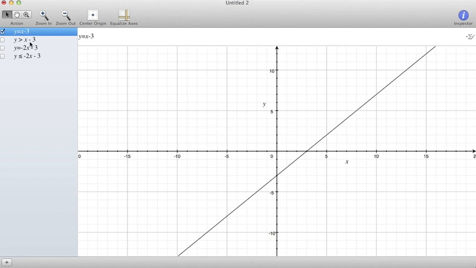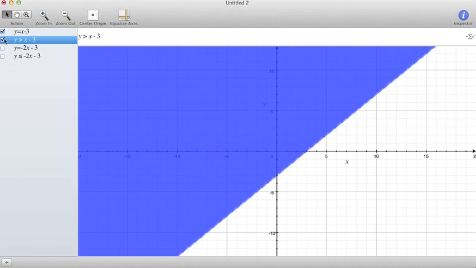So anywhere up here is going to be shaded. If I go into the next one, you see there, it's not doing a very good job of looking dashed, but I'll imply it. So all this area is filled. Everywhere above the line that's blue right now is a solution.